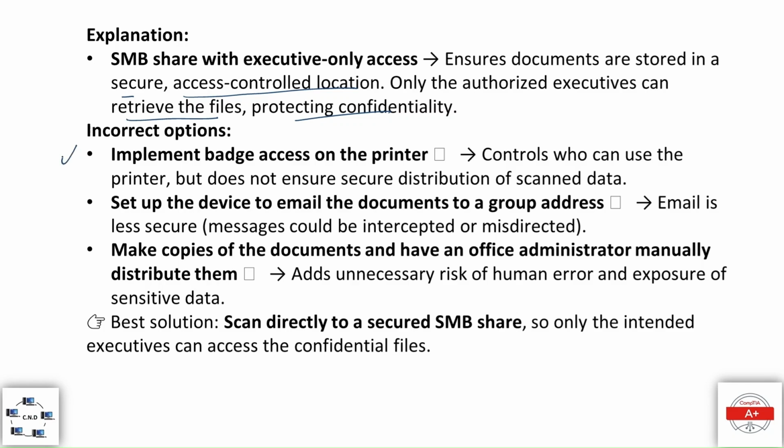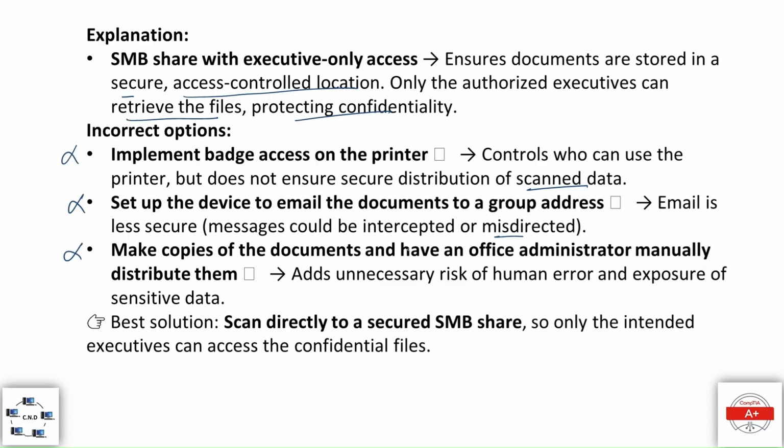The incorrect options are: implement badge access on the printer. So this controls who can use the printer but does not ensure secure distribution of scanned data. Set up the device to email the documents to a group address. So email is less secure. Messages could be intercepted or misdirected.